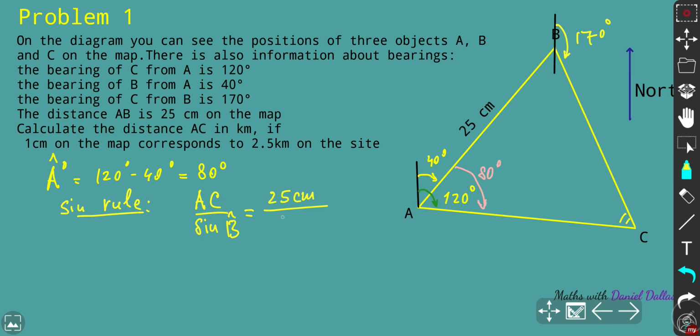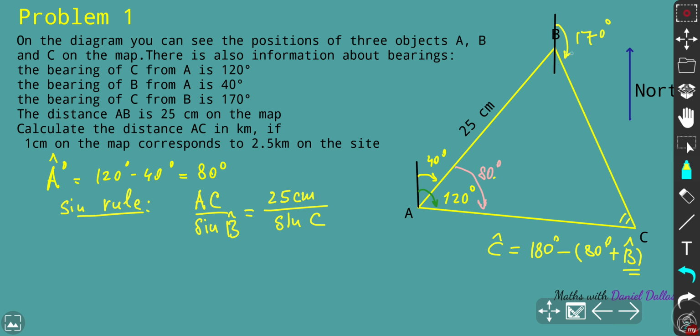So right now we need to find sine of the angle C and angle B. If we found one angle, let's say B, we can figure out angle C, because simply angle C is 180 minus the sum of the two remaining angles, which is angle A, 80 degrees, and angle B. So right now we need to establish the value for B. How to do that?